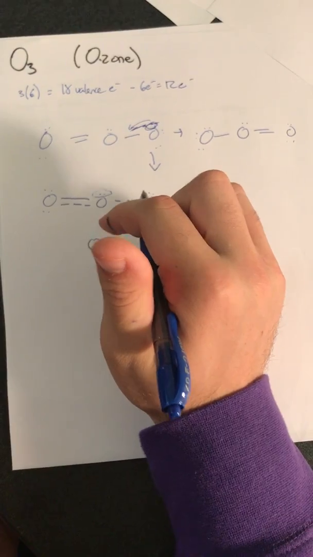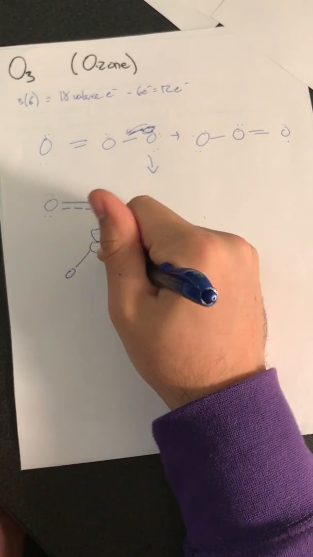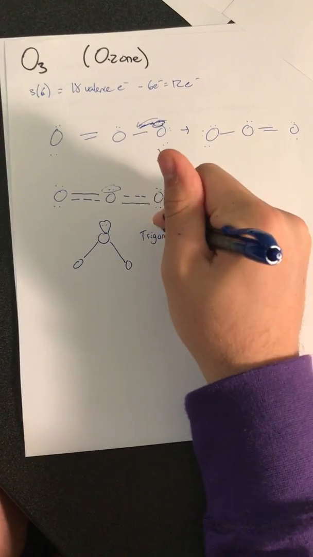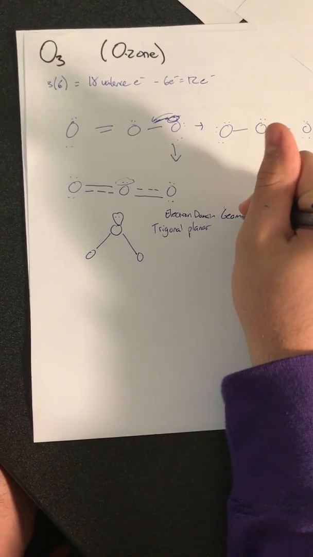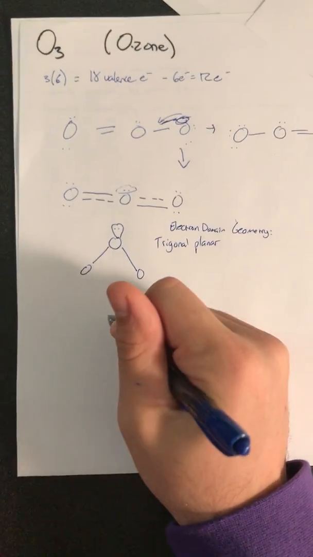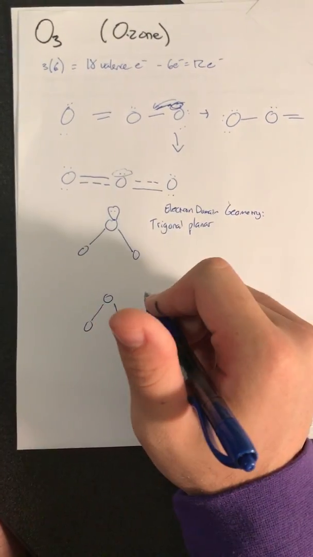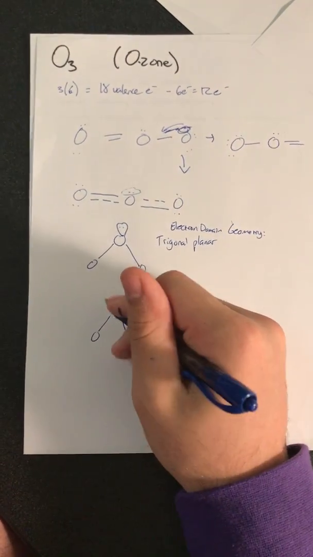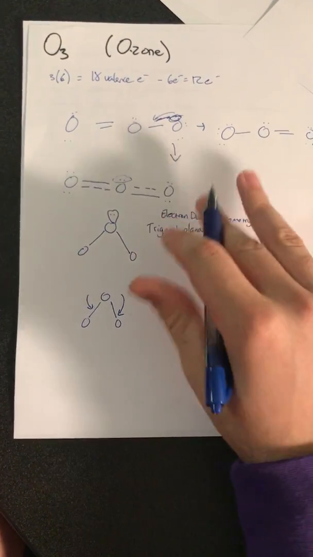So because it has 3 domains, we know that the electron domain will in fact be trigonal planar. Now, the molecular geometry will be bent because we know that there is this set of non-bonding electrons that pushes these 2 bonds downward, making the angle slightly smaller.